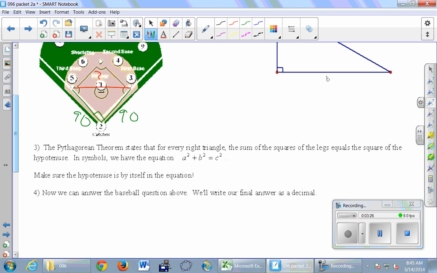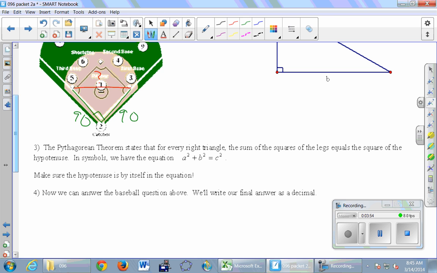It doesn't apply to like a rectangle, right? What does it apply to? What kind of a triangle? Is a right triangle. This theorem is only valid when we're thinking about a right triangle, a triangle with a 90-degree angle in it. And then the other important piece here is that the A and the B are the small sides and the C is the big side. The hypotenuse is the fancy word for it.